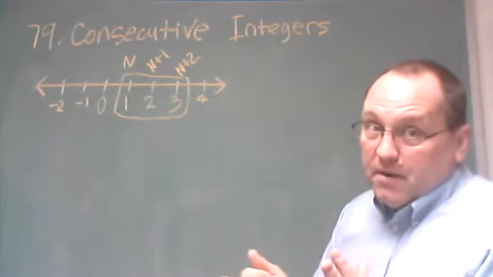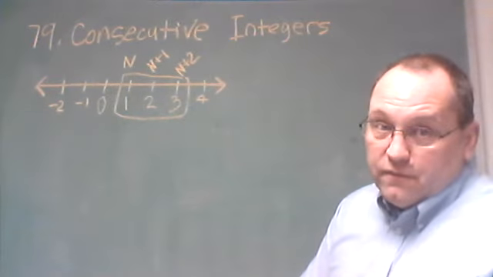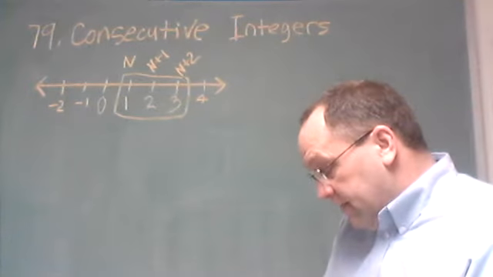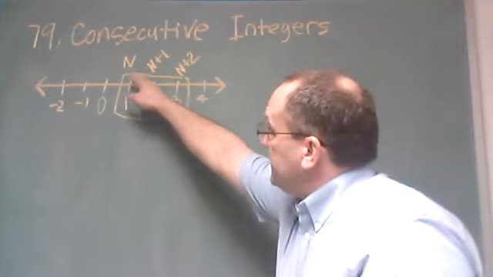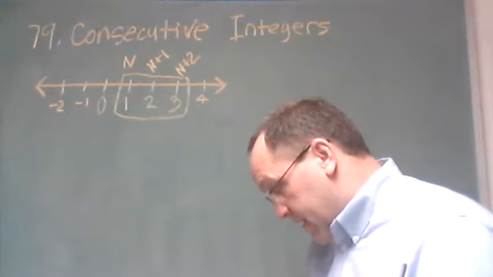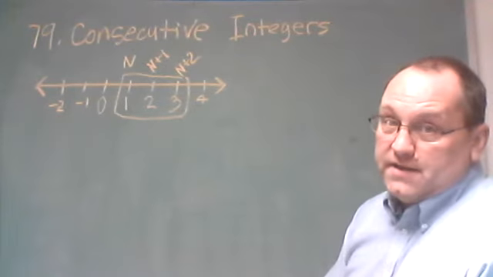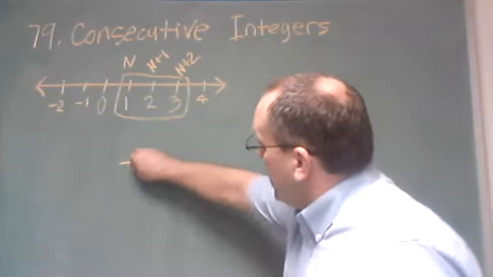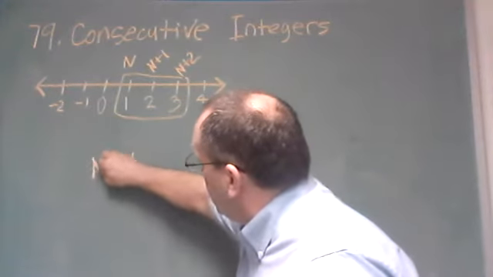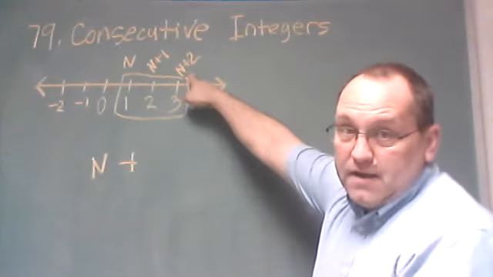So the tricky part of these problems is deciphering what it says in the word problem and putting it in equation form. Let's go to example 79.1. Find 3 consecutive integers, and we're going to represent them as n, n plus 1, and n plus 2, because we don't know where they are along the number line, such that the sum of the first and the third is 146. So we have a sum, an addition, of the first, represented as n, and the third, represented as n plus 2.